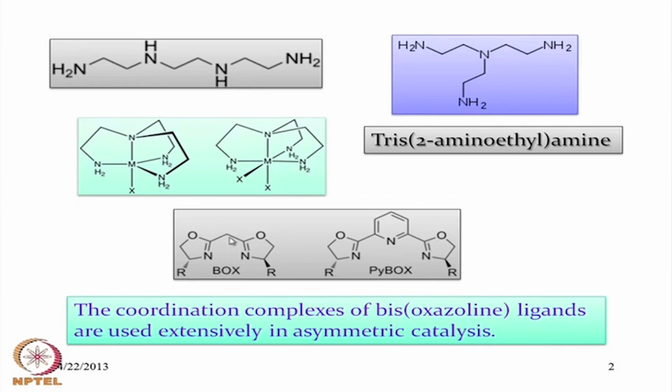So, from this methylene backbone, the CH2 backbone, if we move to a pyridine backbone, the pyridine ring can be utilized for functionalization from its 2 and 6 positions with the use of two oxazoline rings.